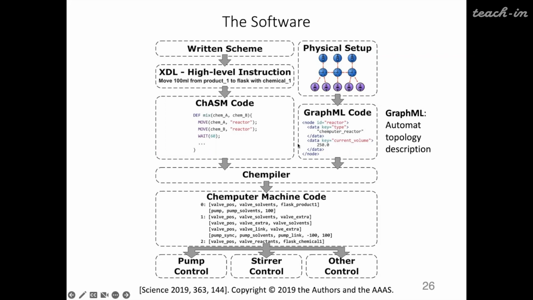Then the chemical assembly code is used, and in parallel, the authors also proposed the so-called GraphML to describe the topology in a given operation.